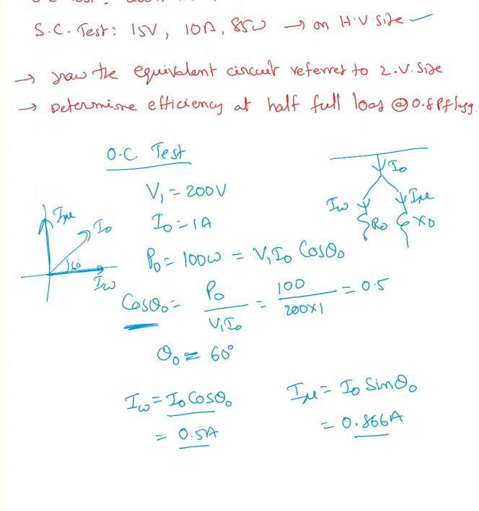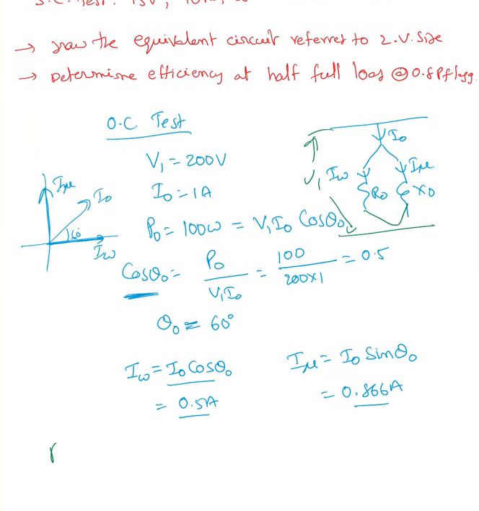Now I can find R0 from here, since I know the voltage here is V1. R0 or RC equal to V1 over IW.